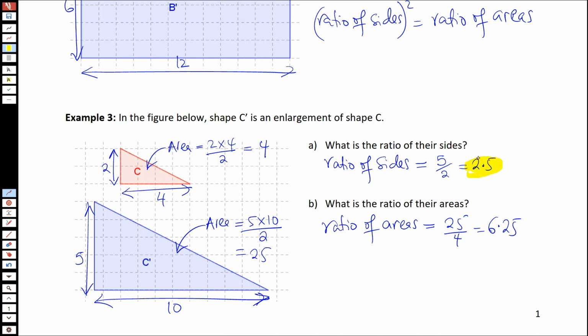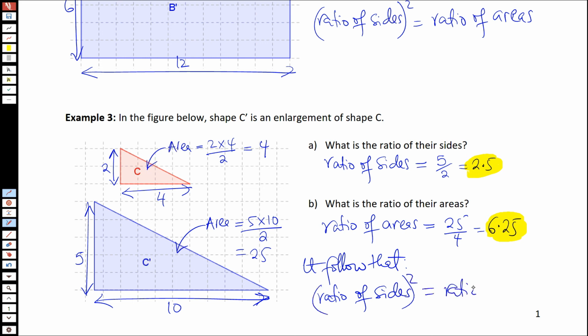Now again, if you notice, 2.5 squared is 6.25. So we can generalize and say that if you have any two similar shapes, the ratio of the sides squared will be equal to the ratio of their areas. And this is always true, as you've seen from examples 1, 2, and 3.